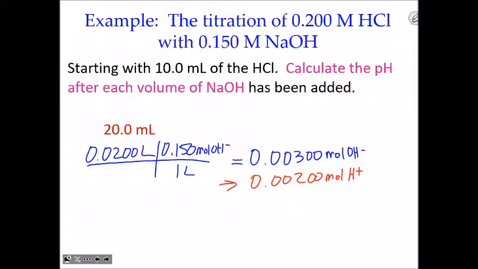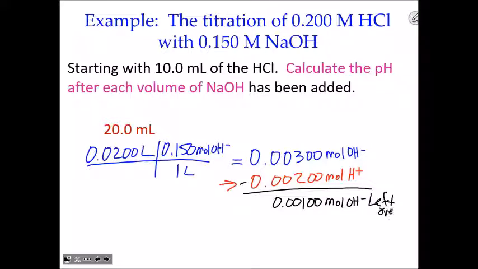Now if we subtract these two, that's going to give us how many moles of hydroxide are left over. This is how many moles are left over. But once again, when we're doing the negative log equation, we need concentration. So we also have to figure out what?